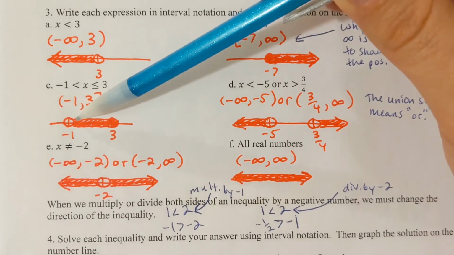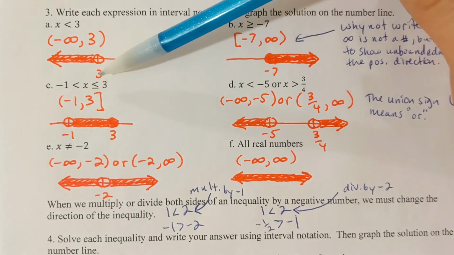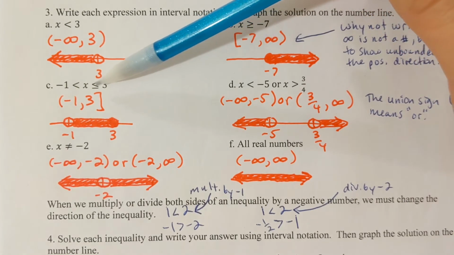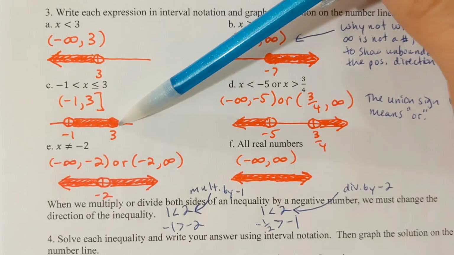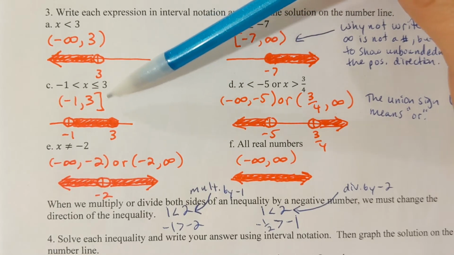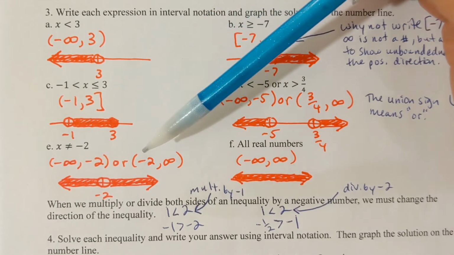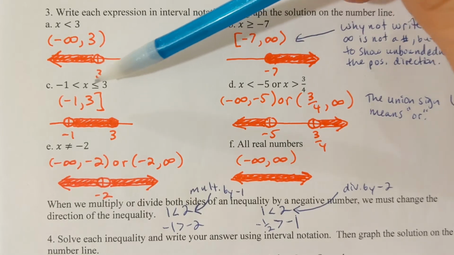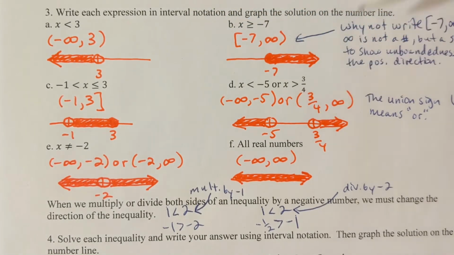I want an open circle at negative 1 since I'm not including that left endpoint, with that being a greater than sign. And then I am including 3 since I'm including that right endpoint, so a closed circle there at 3. Anything between these two values means I want to be shading between the two circles on the number line.